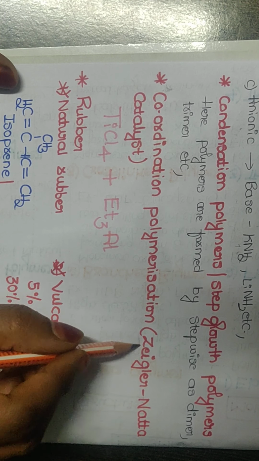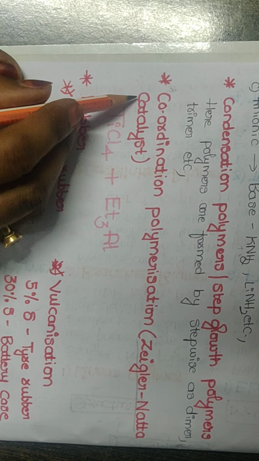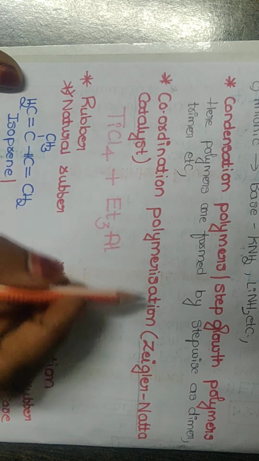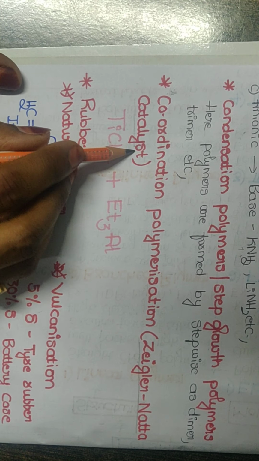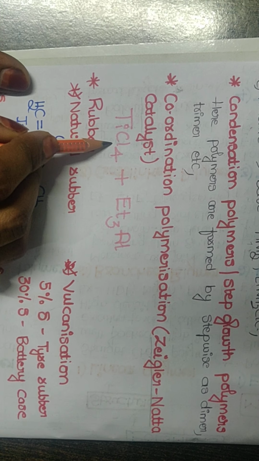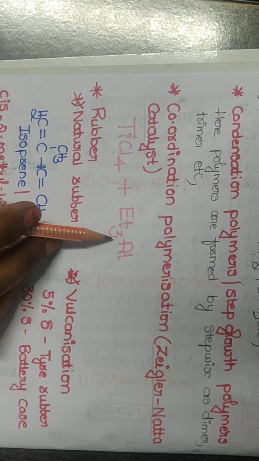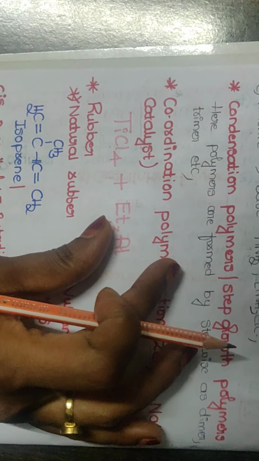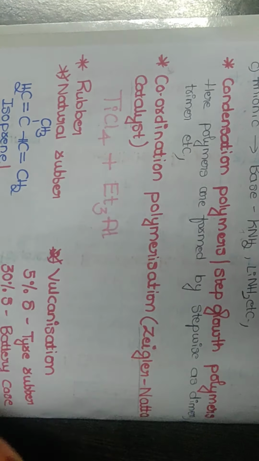The solid catalyst is called Ziegler-Natta catalyst. So you are aware of Ziegler-Natta catalyst. What is it? It is a combination of titanium tetrachloride and triethyl aluminium. We'll speak more about coordination polymerization at the last.